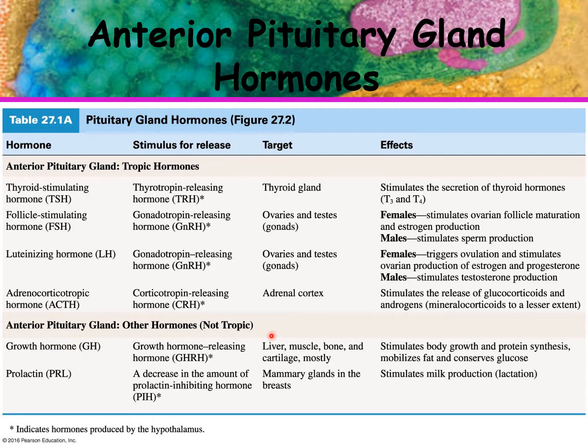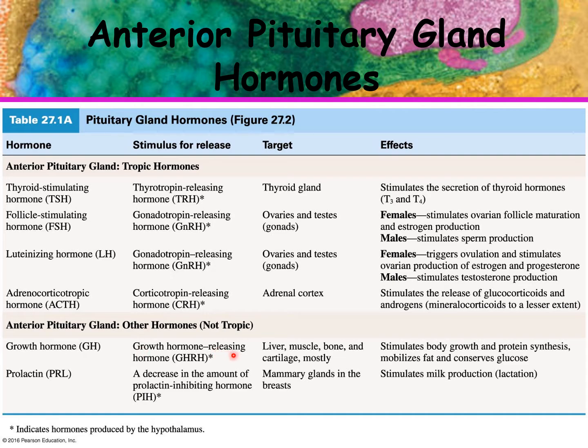The other non-tropic hormones produced by the anterior pituitary are growth hormone and prolactin. Growth hormone works directly on the liver, muscle, and bone, and in doing so, it stimulates body growth and protein synthesis and helps to mobilize fat from storage.